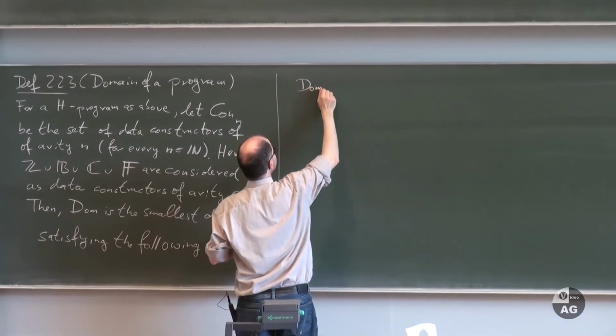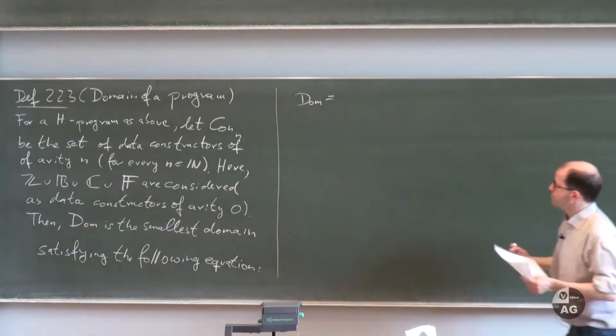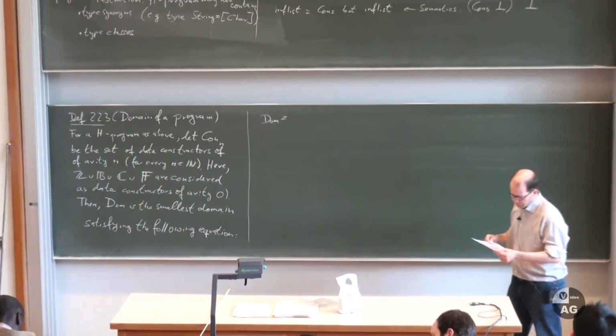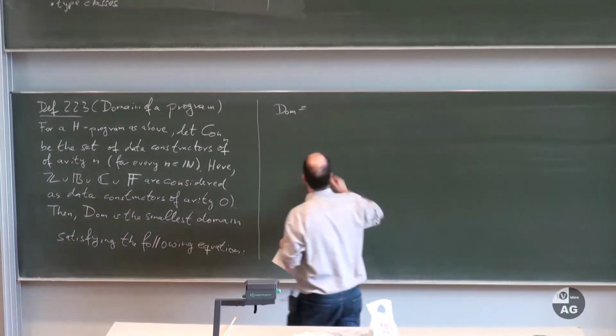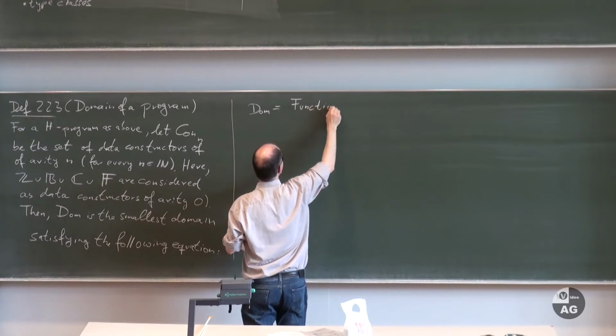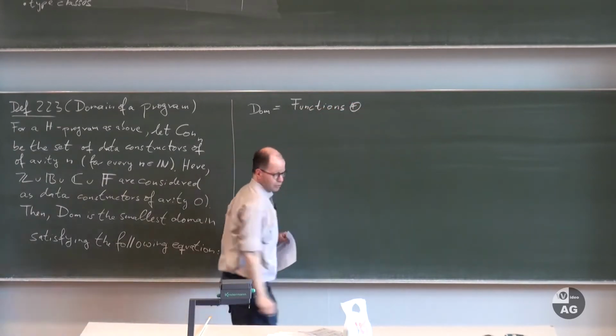So what is the domain? Well, the domain has to contain all the objects that we need for the expressions in the program. And what expressions in the program do we have? Well, for example, we have functions in the program, and we have more things, so there's more to come.